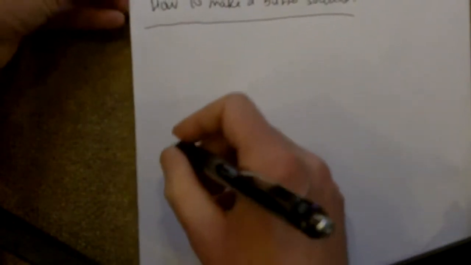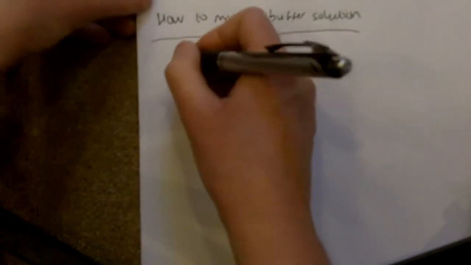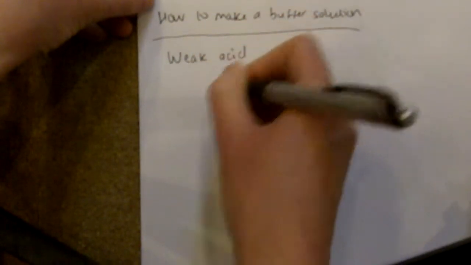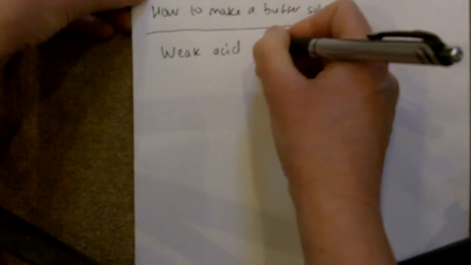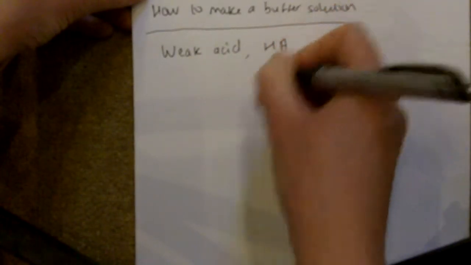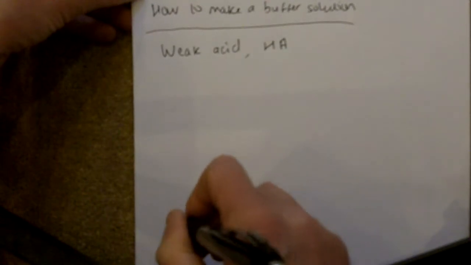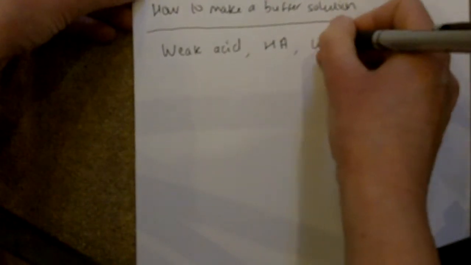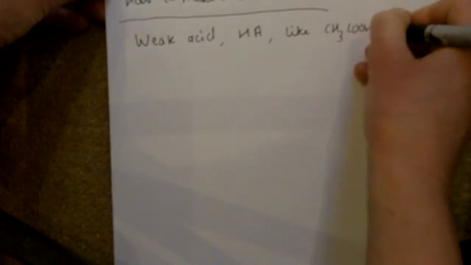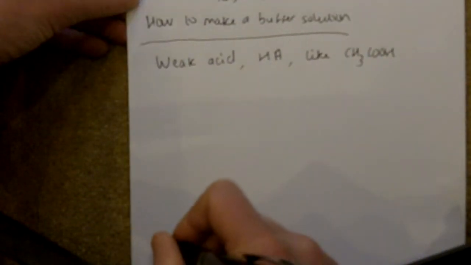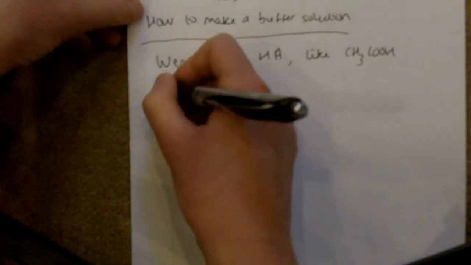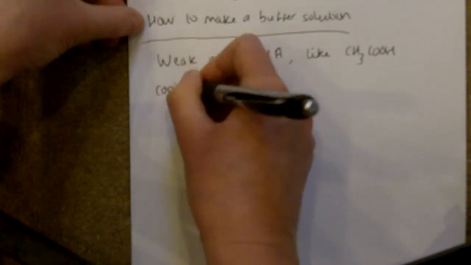Okay, so a buffer solution has got two things in it. It's got a weak acid. You take a weak acid, and our general symbol we use for weak acid is HA. So for example, ethanoic acid is a classic example. Okay, so you take a weak acid, symbol HA, like ethanoic acid, and you take the conjugate base.